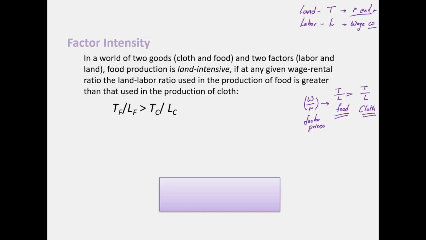So it's not the absolute amount of land, but the ratio of land by labor that is used in the food sector compared to the land by labor ratio that is used in the cloth sector.